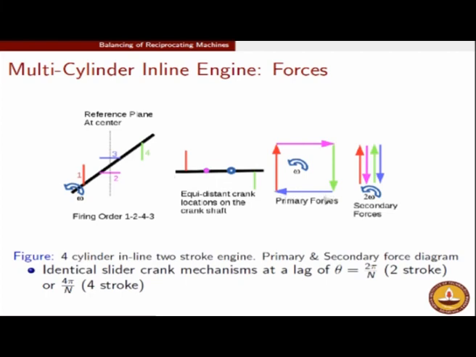So here we see, since each of these unbalances has a value m_rec times r, and since all these slider cranks are identical, m_rec times r is identical for all these cranks. So therefore this forms a closed figure.